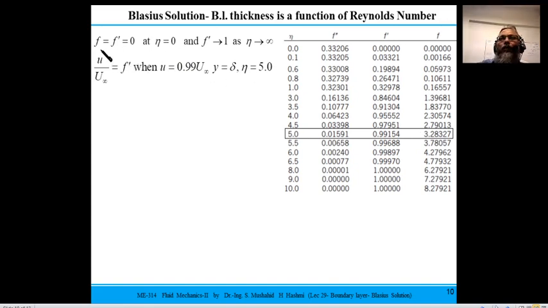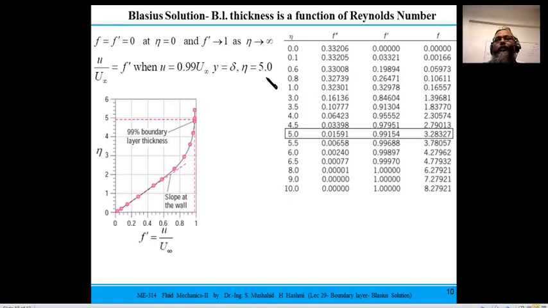So we know when eta is 0, it means your y is 0. It means when y is 0, you are at the no slip boundary condition. So your u over u infinity, which is your local velocity, is also 0. So that is actually your no slip boundary condition, and this is the second boundary condition: when u over u infinity approaches towards free stream velocity or 0.99 of the velocity, then your eta approaches towards 5.0.